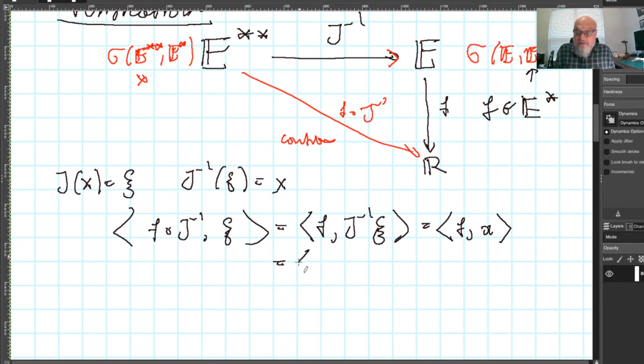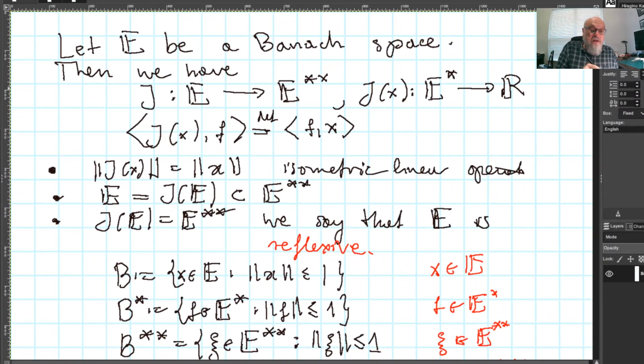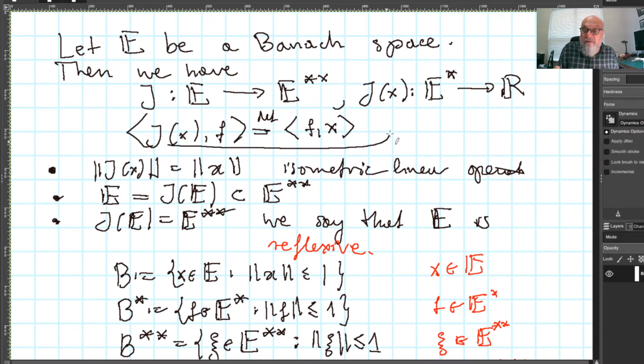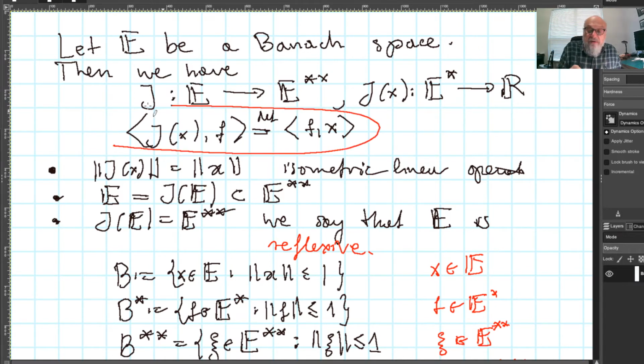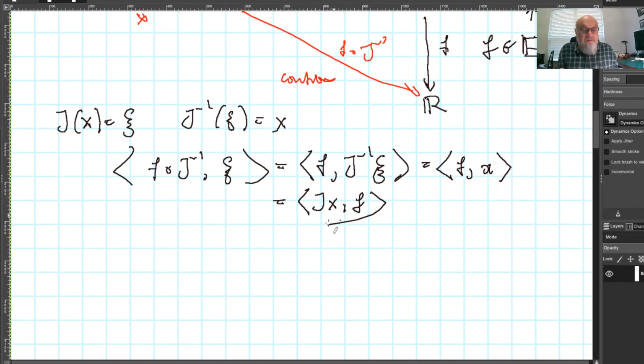F of x is the same as J of x applied on F. That was the definition. Just remember, that was the definition here. If you write it down here, that's exactly the exact version.